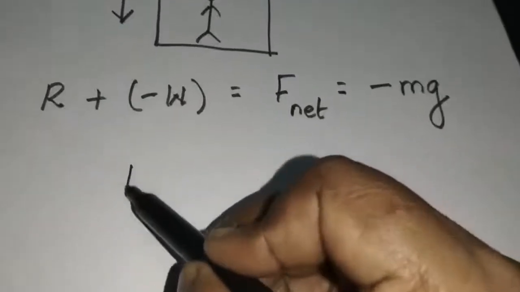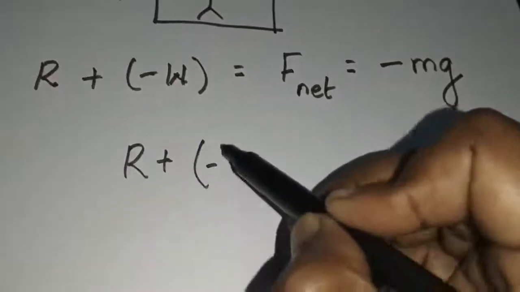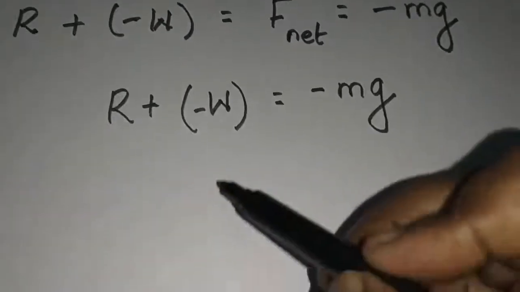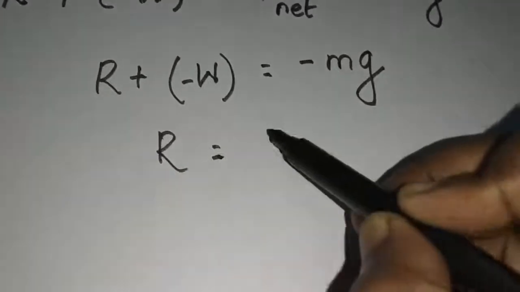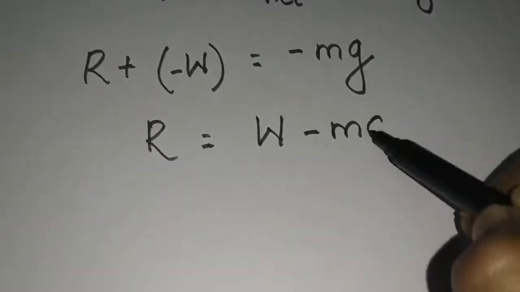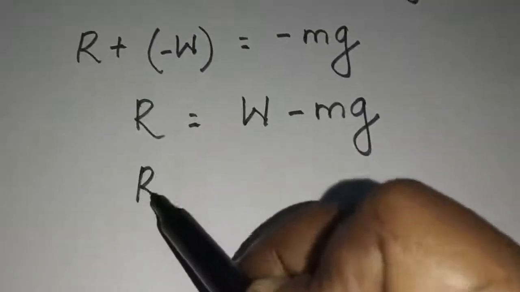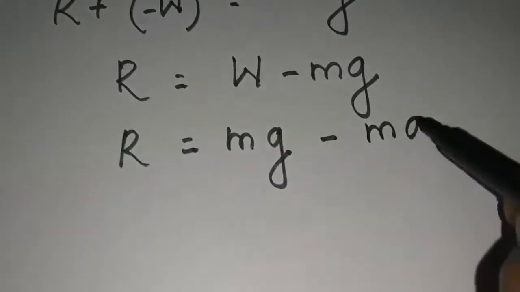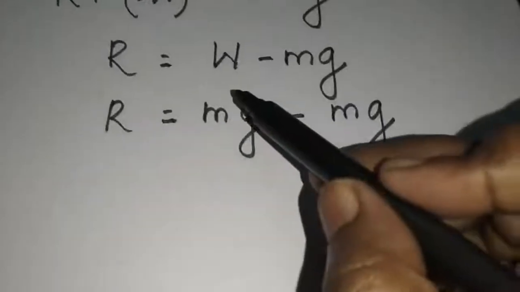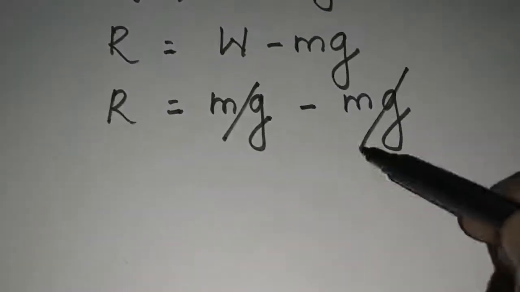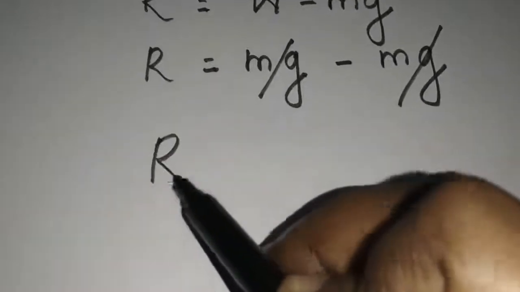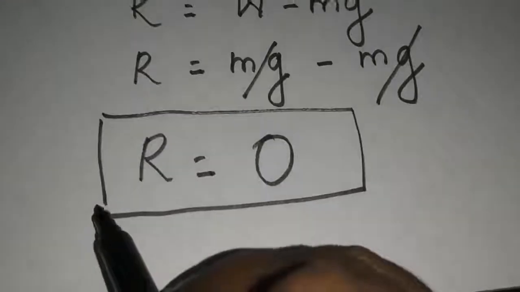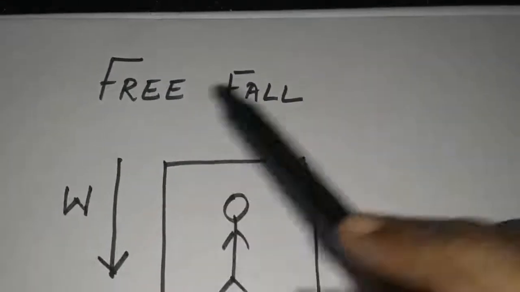R minus W equal to minus m into g, and then R equal to W minus m into g, and then R equal to m into g minus m into g. Here plus m into g and minus m into g cancel each other, so R equal to 0. So apparent weight is 0 in the case of free fall.